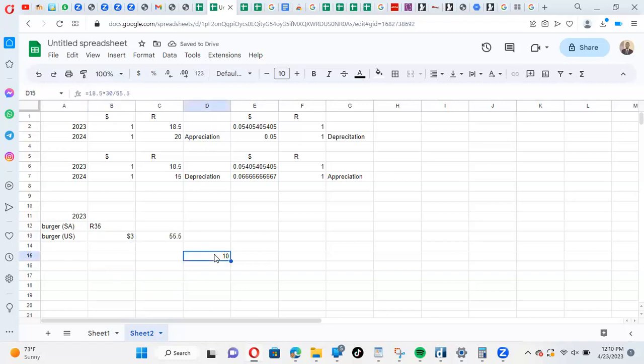So if that goes up to 35, the nominal exchange rate has not changed, but there's definitely going to be a change now. So our real exchange rate has changed. It has gone up to 11.6, which means it's a depreciation. SA is more expensive now than the US. So that becomes a depreciation there.